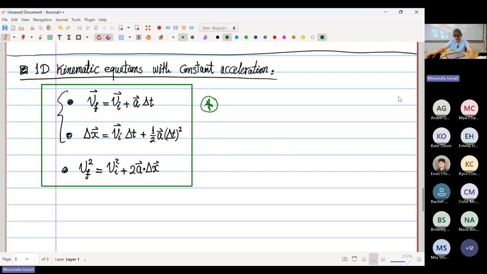What I'm going to do now is derive each one of them, and then we will have our first worksheet to get some practice with these. I will number them just to refer to them when deriving them. So this becomes 1, 2, 3.